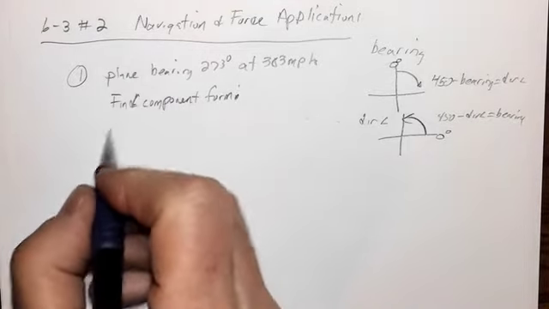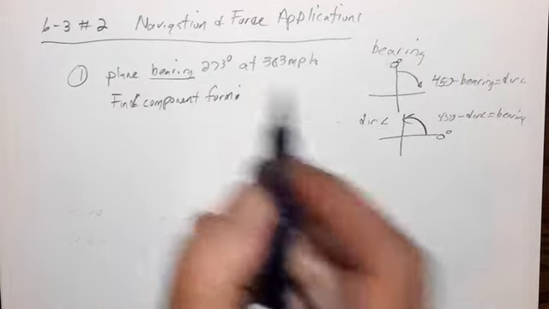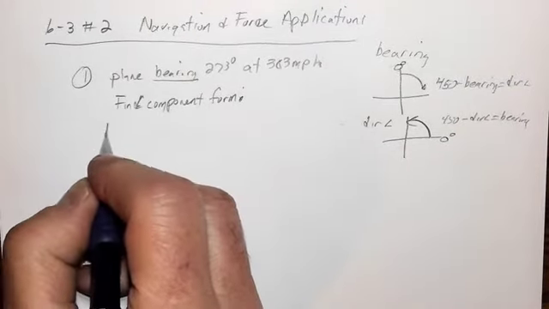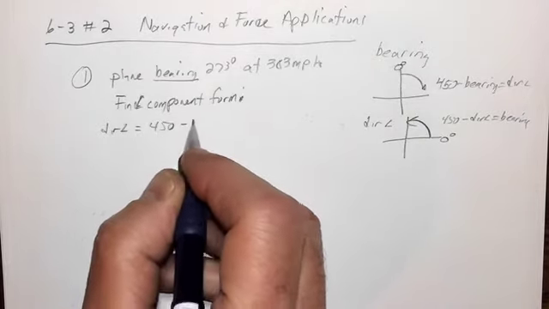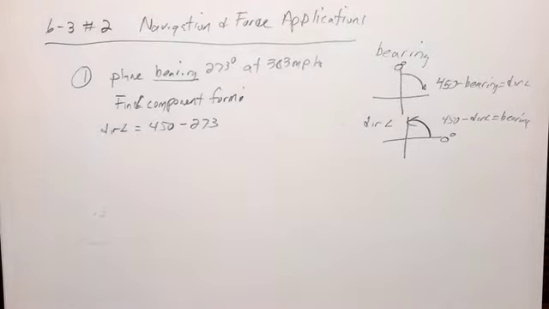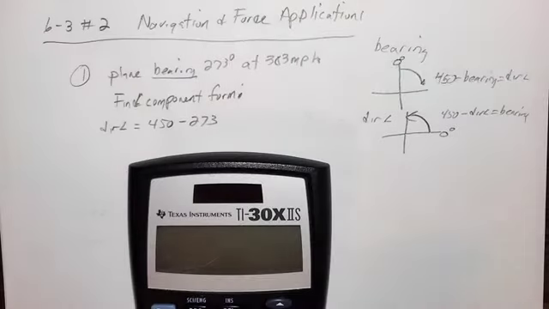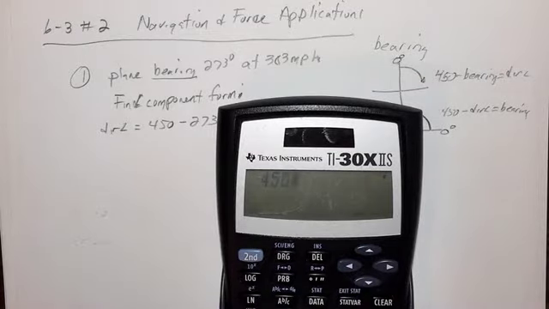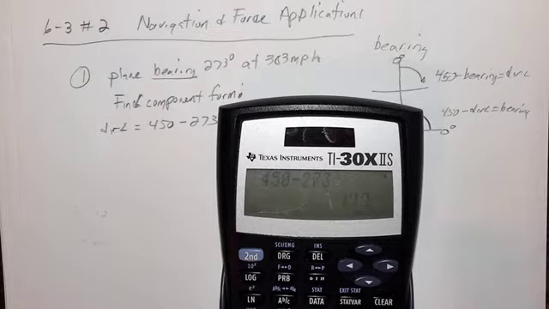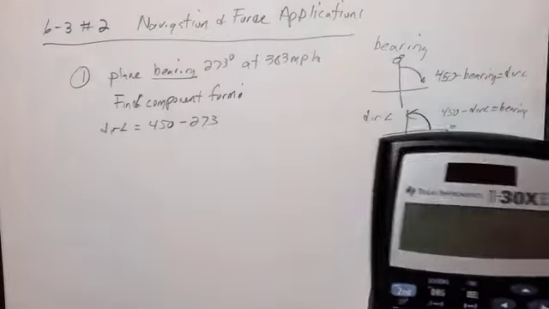First of all, we're given a bearing, so we have to find the direction angle. The direction angle is 450 minus 273. You have to take a calculator, 450 minus 273, and I get 177 degrees.